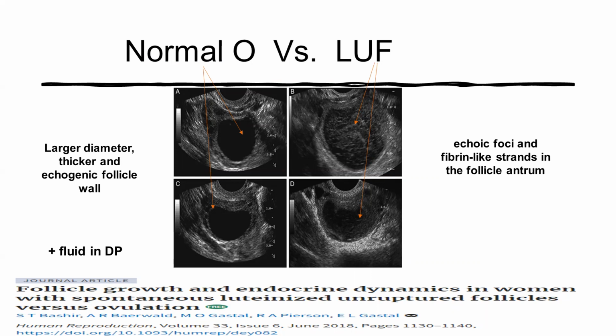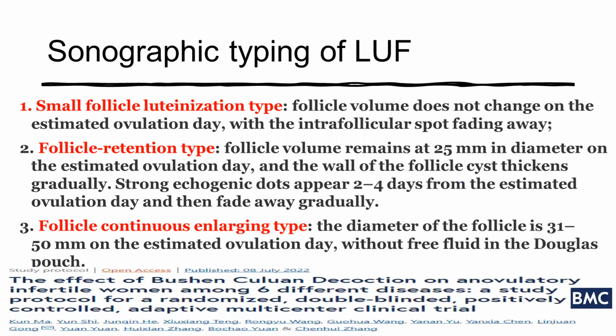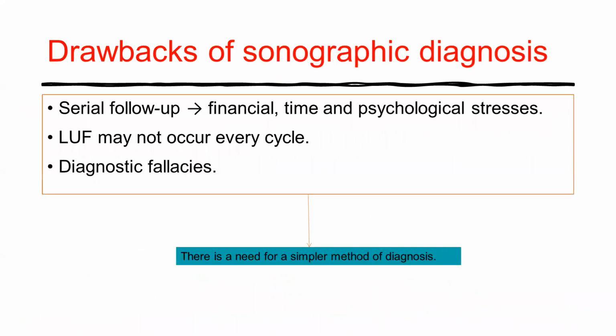And this is very important to differentiate it from the LUF on ultrasound. Some authors classified LUF into a small type, a follicle retention type, or a follicle continuous enlarging type, according to the size of the LUF on serial ultrasound.